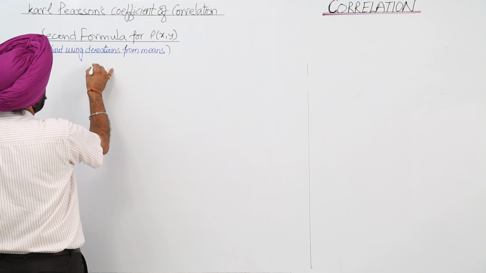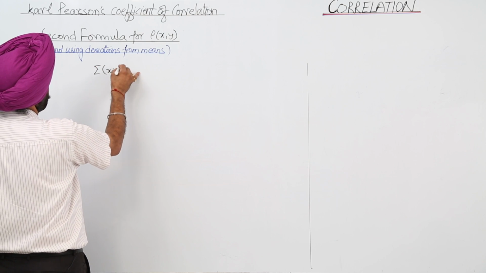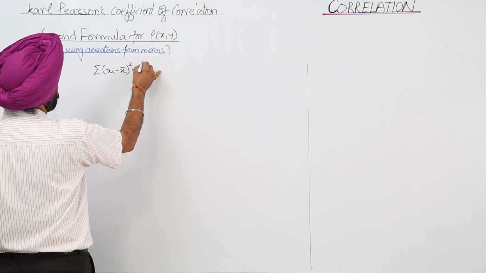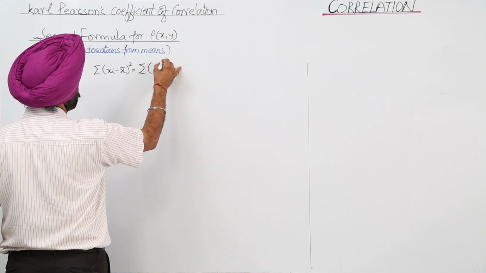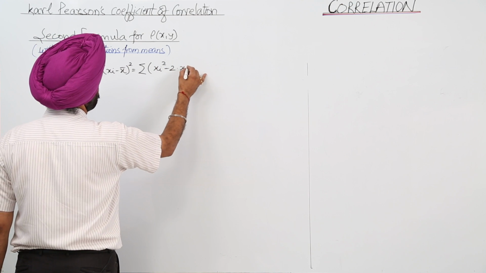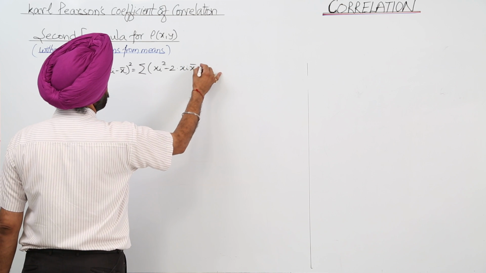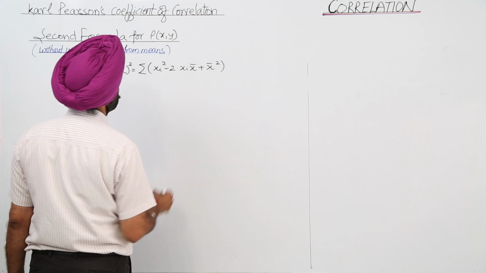Now just check it. We have the term summation of (xi minus x mean) whole square. Expanding this, we have summation of xi square minus twice xi x mean plus x mean whole square.